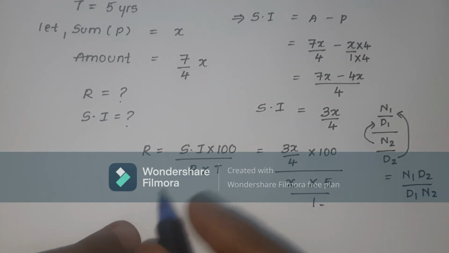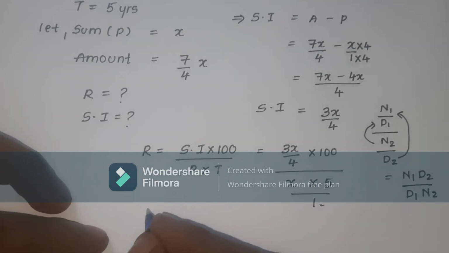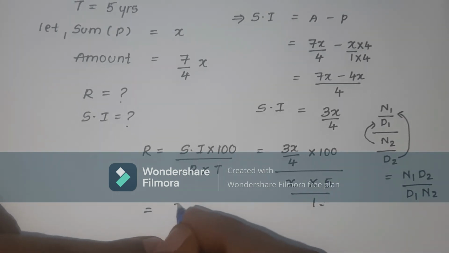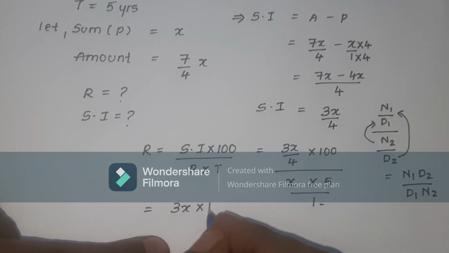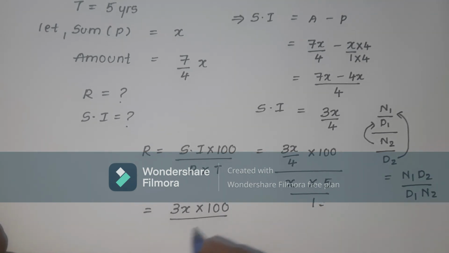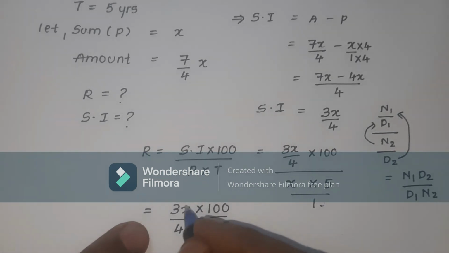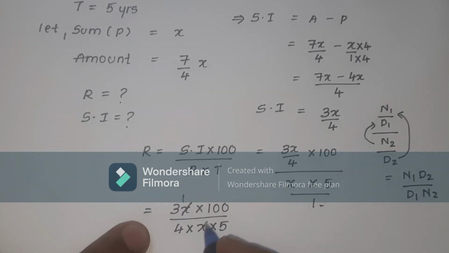Okay student, so now this one goes here and this goes here. That means it will become 3x into 100 upon 4 into x into 5. Now you can simplify, student. The x in the numerator gets cancelled with the x in the denominator.